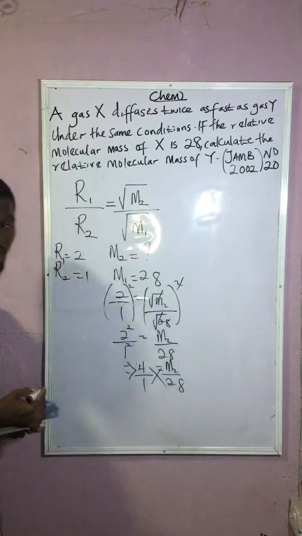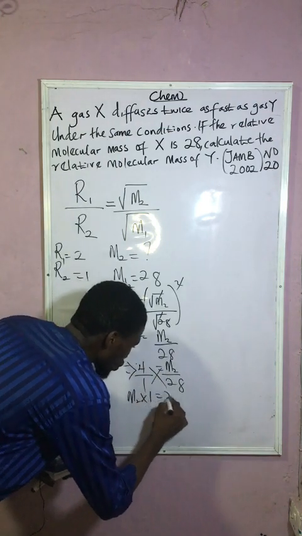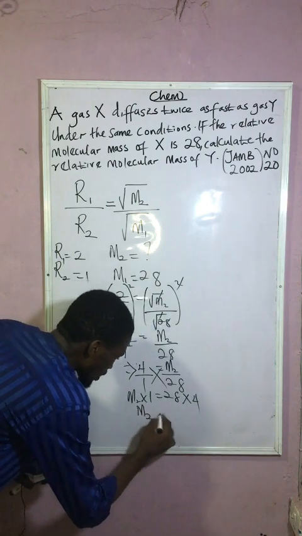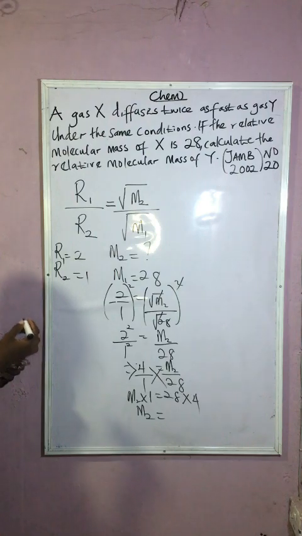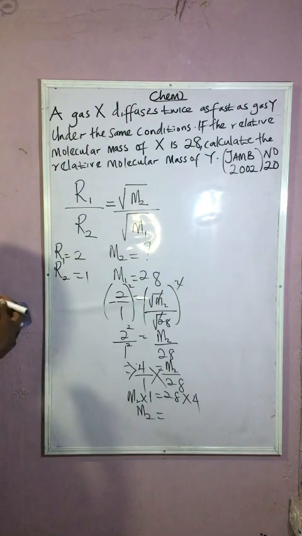The next thing we're going to do is cross multiply. So we have M2 multiplied by 1 is equal to 28 times 4. M2 times 1 is M2. Don't forget the meaning of M2: molecular mass, or we can make use of molar mass or relative molecular mass of the second gas.